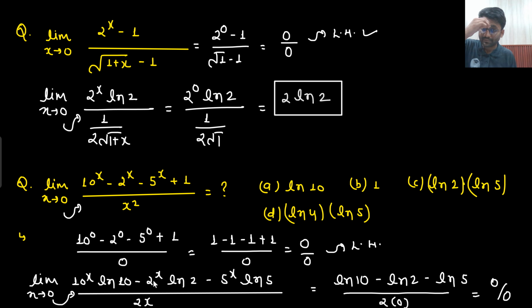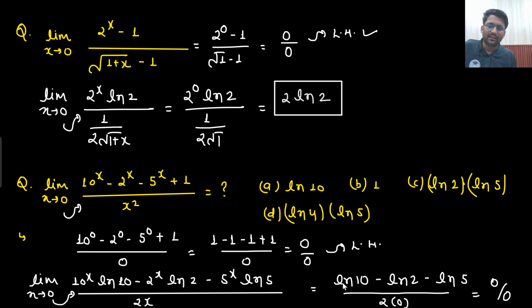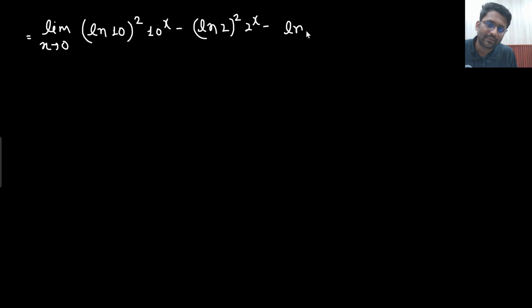So 10 to the power x ln 10 will come, so this will become ln 10 square 10 to the power x, minus 2 to the power x ln 2, so ln 2 square 2 to the power x, minus ln 5 square 5 to the power x.